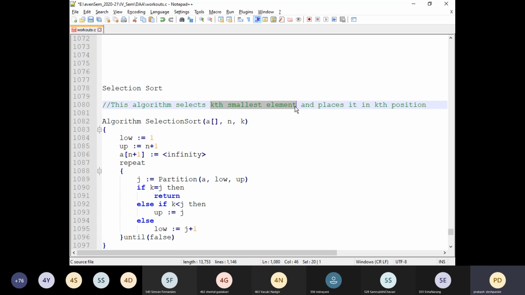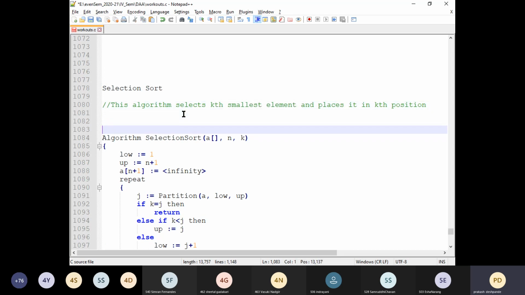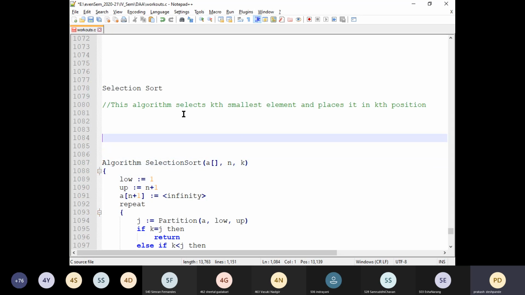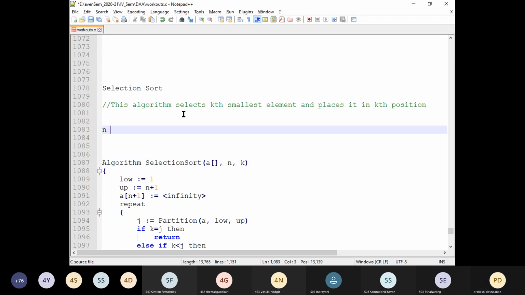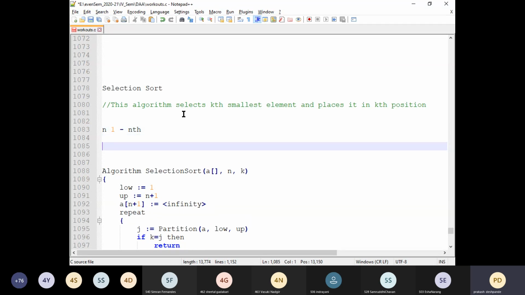Suppose there are n elements between the first and nth position. For example, say we have 2, 5, 3, 6, 8, 4, 20, and one more element, 7.